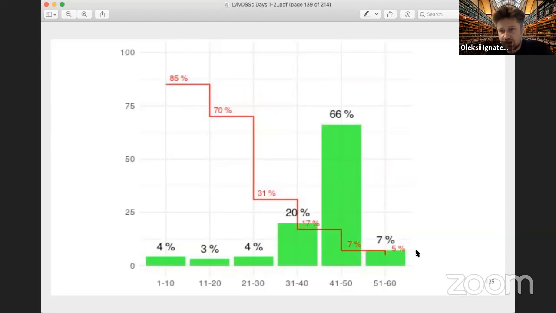We have these results from experiments in many different countries. They are average results, and 66% of propositions were around a 41-50% split.